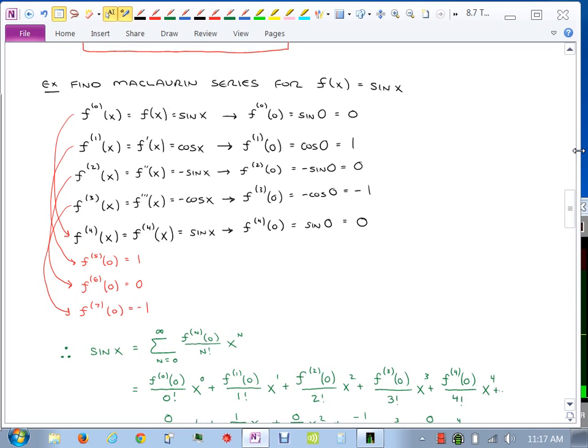What's second derivative of sine? Well, that's derivative of cosine, which is negative sine, right? Plug in 0, negative sine of 0 is 0. Third derivative of sine is the derivative of this one, so it's negative cosine. Again, plug in 0. Negative cosine 0 is negative 1.